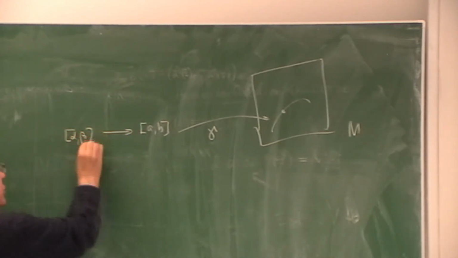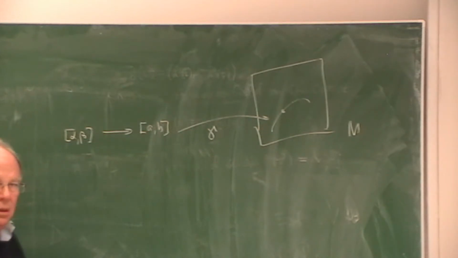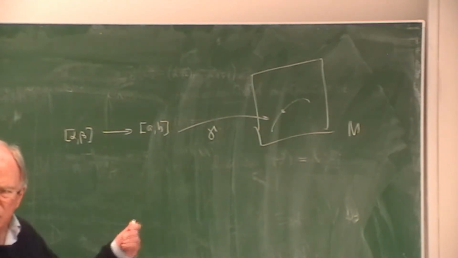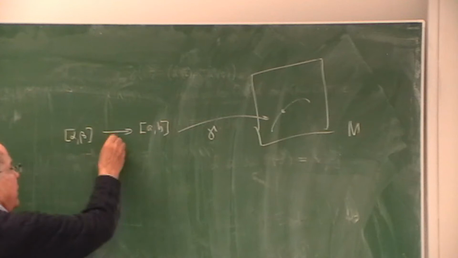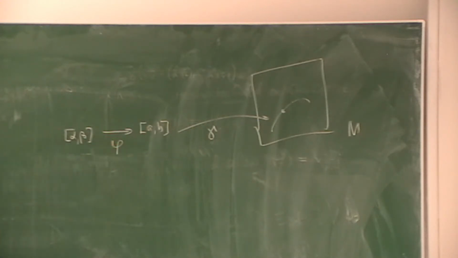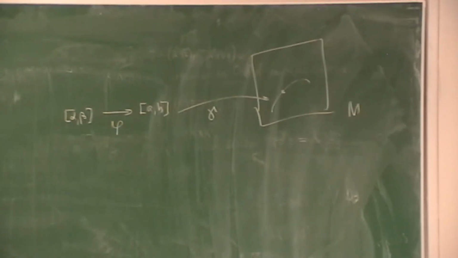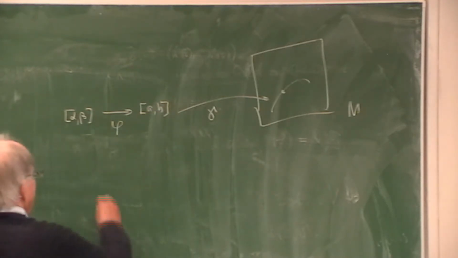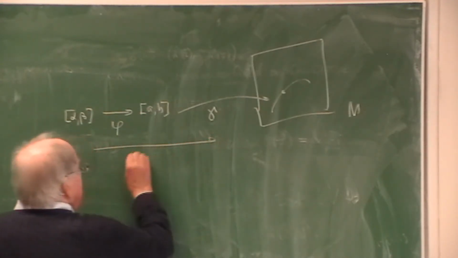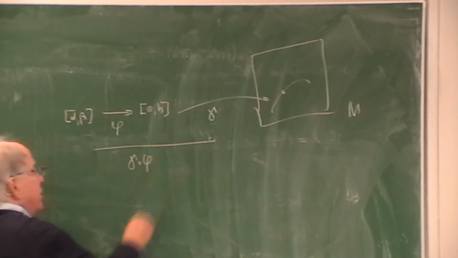I tell the beginning students, always draw this picture of change of variables. This is the right picture of change of variables. Say phi. If you have a diffeomorphism from some other interval to AB, you get the same curve. This curve here is gamma composed with phi. It's really the same curve.